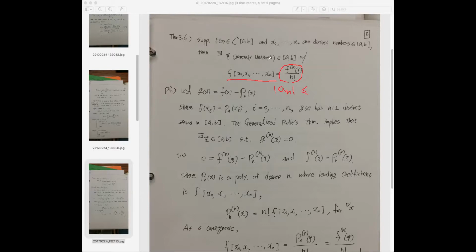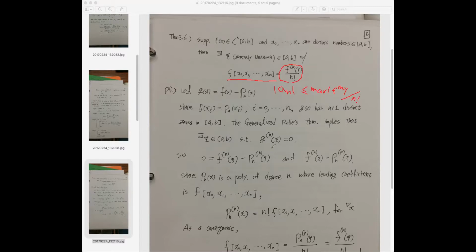So we need to find the absolute maximum of the nth derivative of f on the closed interval a comma b, over n factorial. So this theorem gives us the upper bound of the coefficient a sub n.